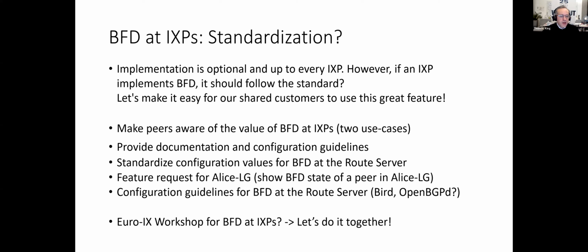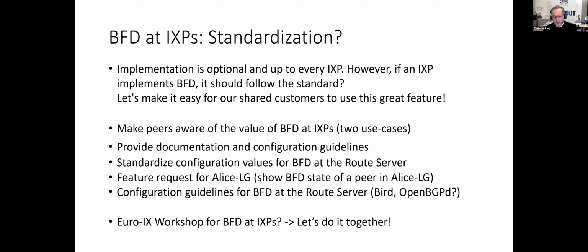And as I just said, I think we should standardize the configuration values for BFD at the route server, and also probably make sure that the different looking glasses, especially Alice looking glass, because it's highly used, also show the BFD state of peers in the looking glass.